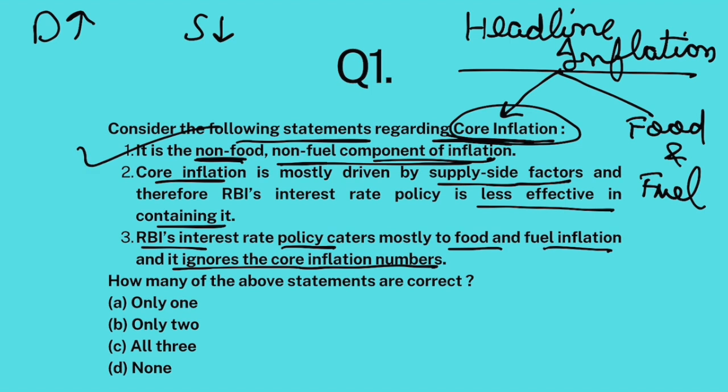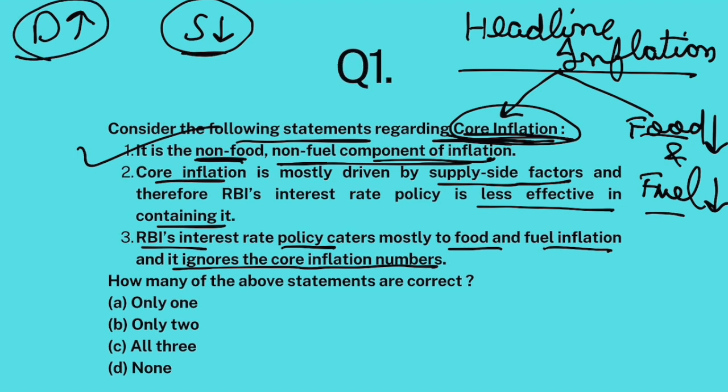Now the thing is that food and fuel inflation is mostly driven by supply side factors. Whenever the supply of food will fall short, it will cause food inflation. Whenever the supply of fuel will fall short, it will cause fuel inflation. So food and fuel inflation are mostly driven by drastic cut in supply, whereas inflation in other things, which belongs to the category of core inflation, is mostly driven by increase in demand.